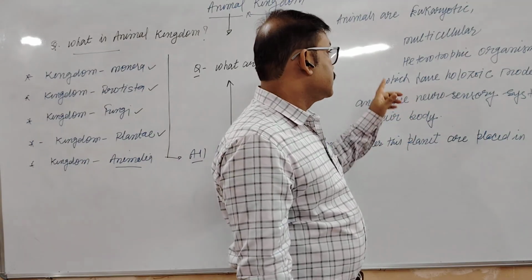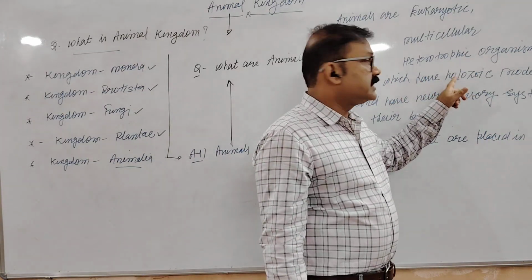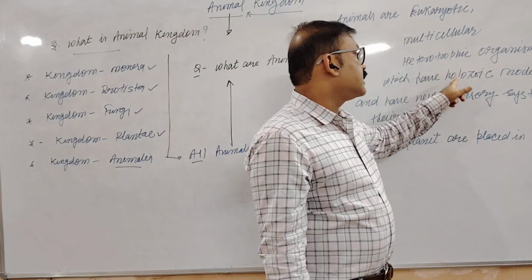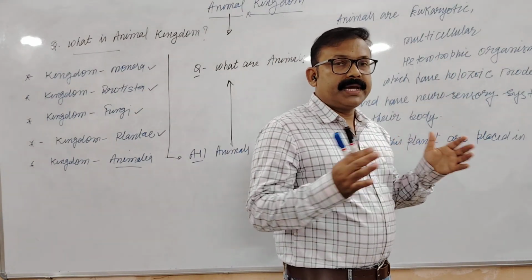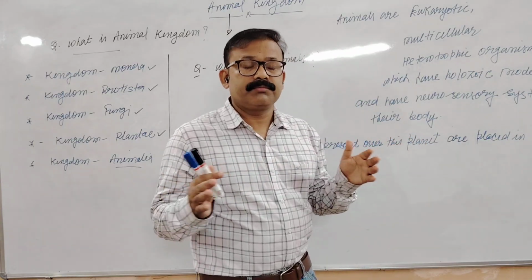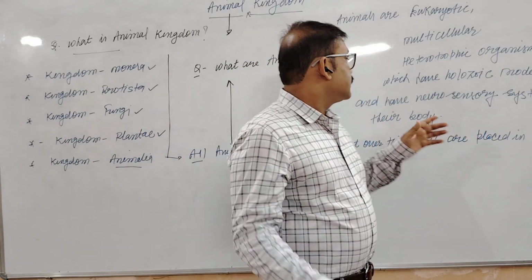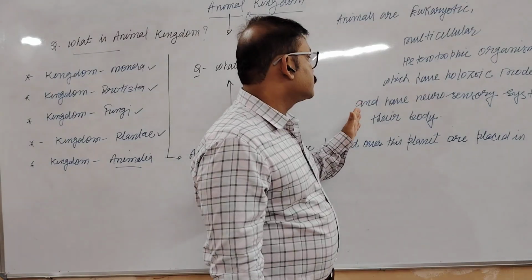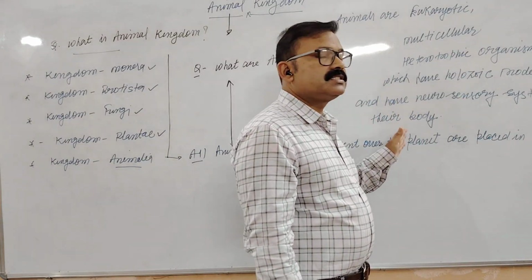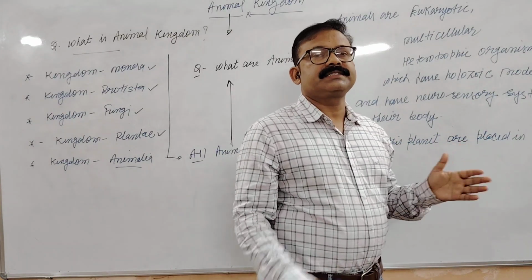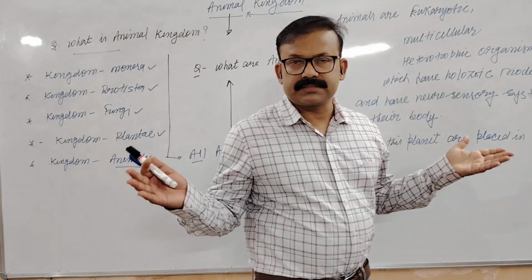But my dear student, I added the next thing, that animals have holozoic mode of nutrition. And for making this definition more clear, more explicit, and more bona fide, we also added that animals have a neurosensory system in their body and the cell wall is absent in their cells.